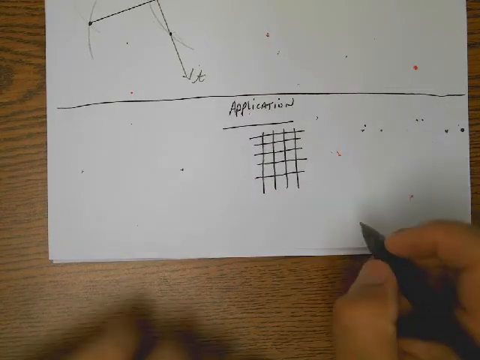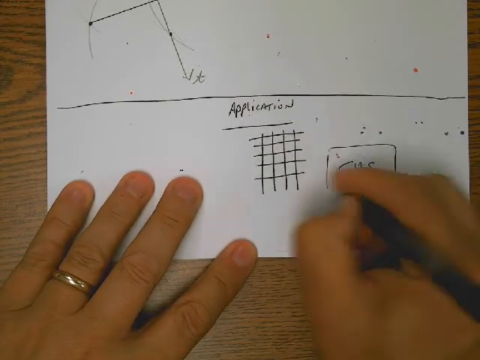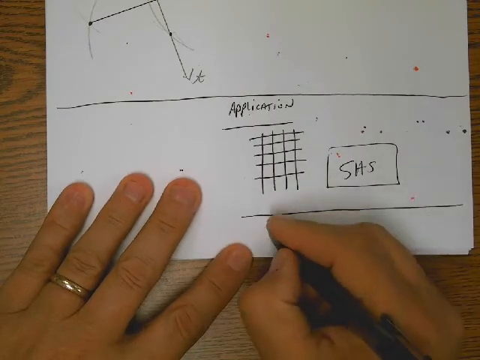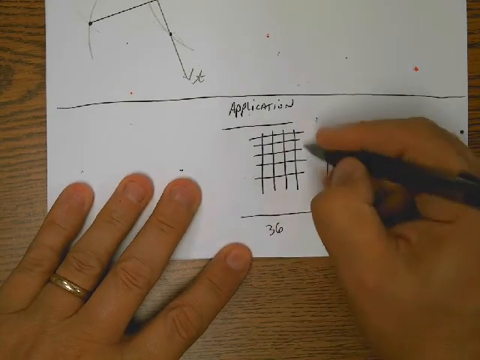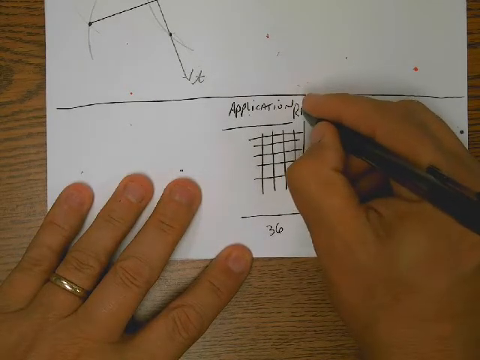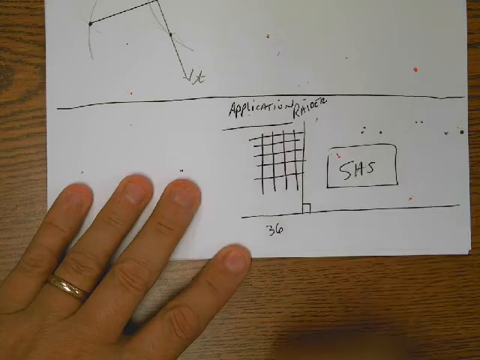Even where we're sitting right now, SHS. What's this road that goes out in front of it? 36. What's this road that goes over here? Raider Road. Guess what? Perpendicular.